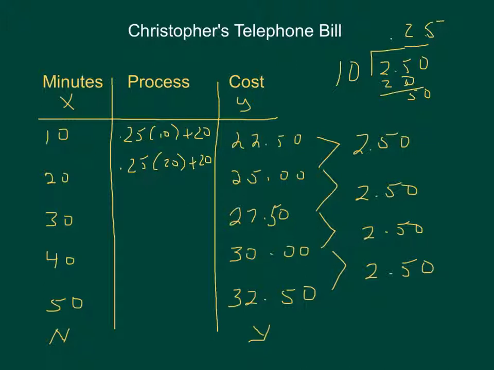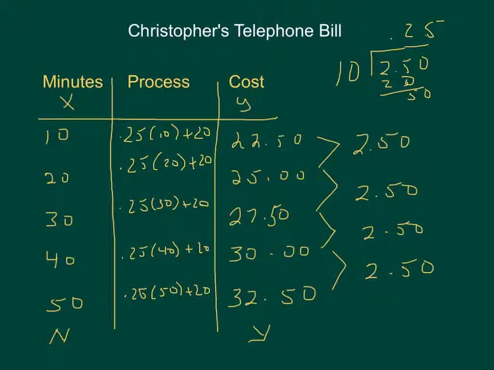Makes sense. Okay, let's try 30. 0.25 times 30 plus 20 will give me 27.50. 0.25 times 40 plus 20 will give me 30. And 0.25 times 50 plus 20 will give me 32.50.